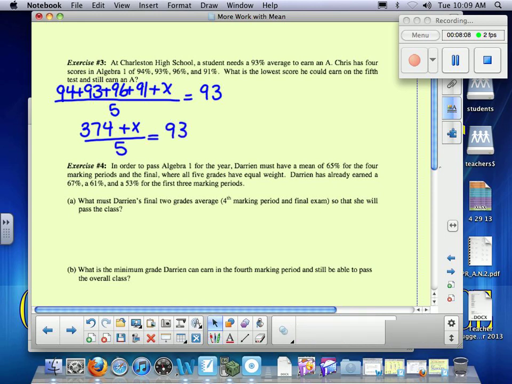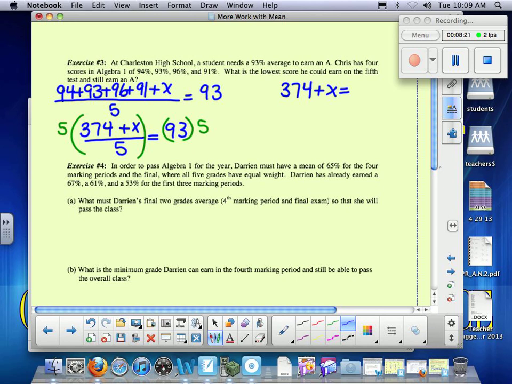And I would recommend getting rid of that fraction. And then it's a nice little equation to solve.